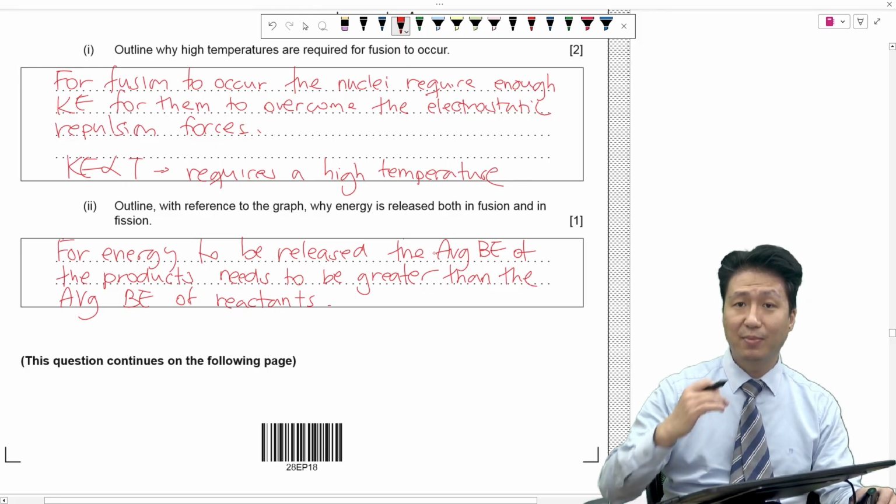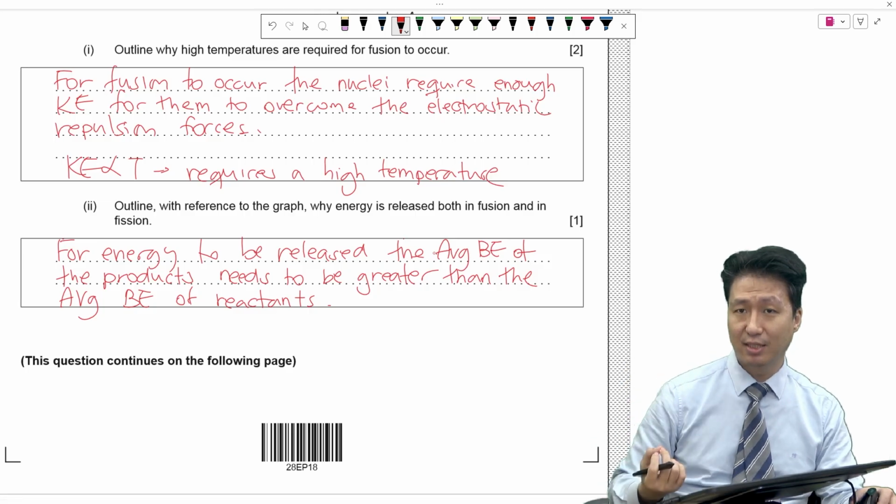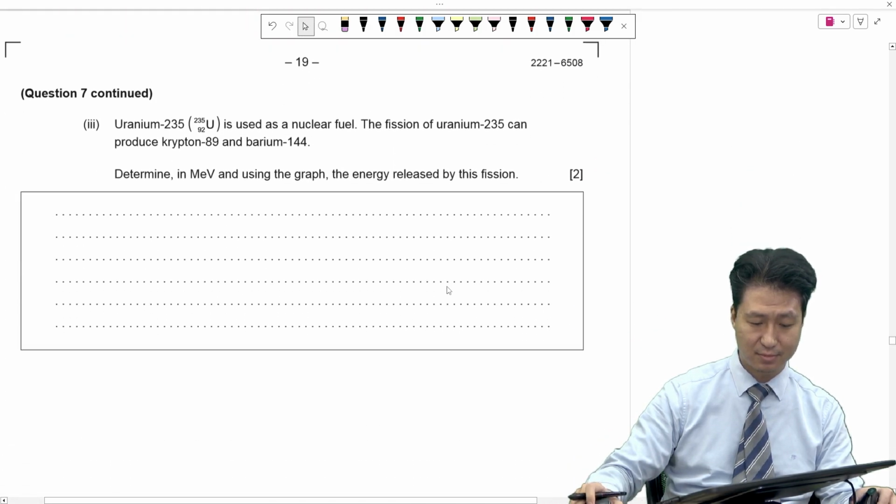Simply, as long as the binding energy increases, energy will be released.